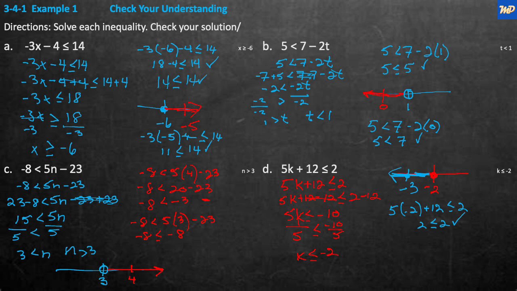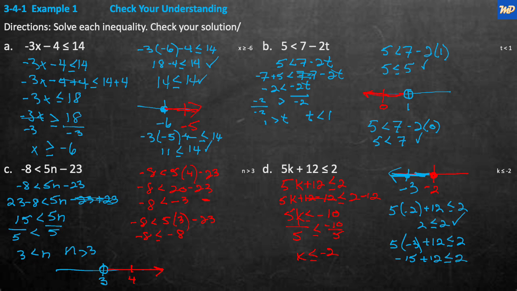That's correct. And if we do substitute in the negative 3 now, we're going to say 5 times negative 3 plus 12. Is that less than or equal to 2? And when you do that, we get negative 15 plus 12 less than or equal to 2.